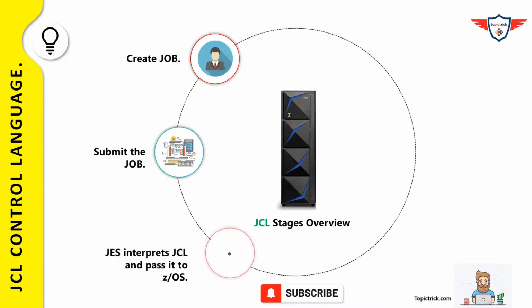In the third step, just to accept the job, JES uses a converter program to analyze the job's JCL statements. If JES detects any JCL error, it issues a message and the job is queued for output processing. If there is no JCL error, then JES queues the job for execution.